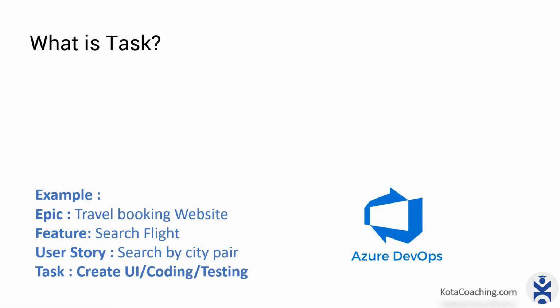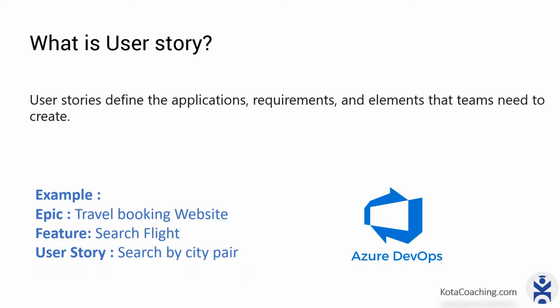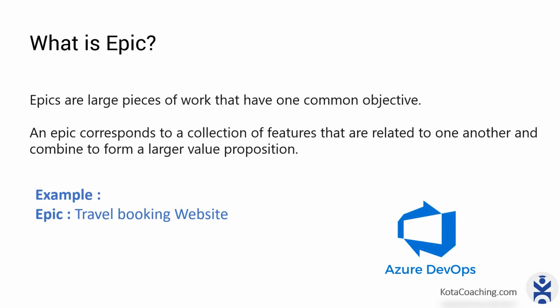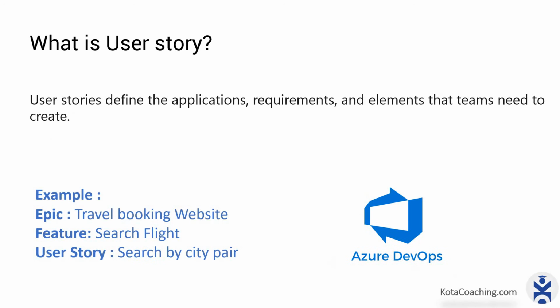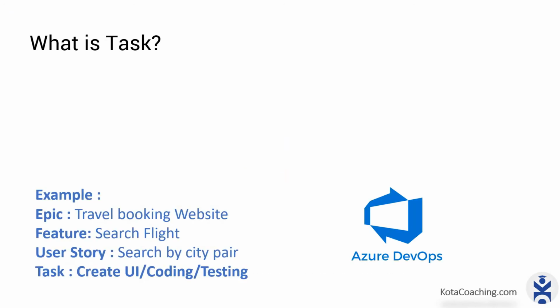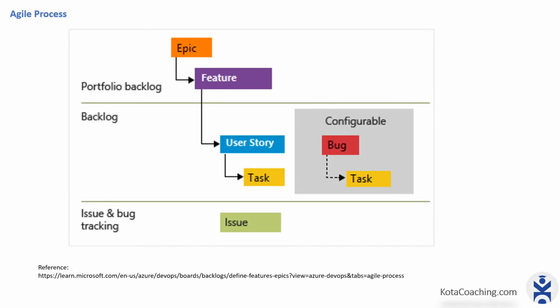Therefore, a user story will have different tasks. So I hope your concept is clear now: what is an epic, what is a feature, what is a user story, what is a task. All these things can be represented inside a particular diagram. Like this one is the agile process. You can see epic is at the top of the hierarchy.